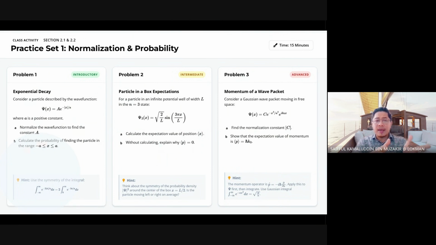When you solve them, keep asking yourself what the answer means physically. If the function cannot be normalized, then it cannot represent any physically acceptable bound state. It must be normalized. It must equal 1. Then it will be meaningful. So the purpose of this exercise is to make the probability interpretation feel concrete rather than just symbolic.